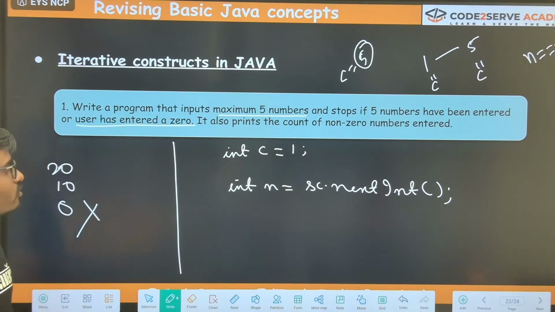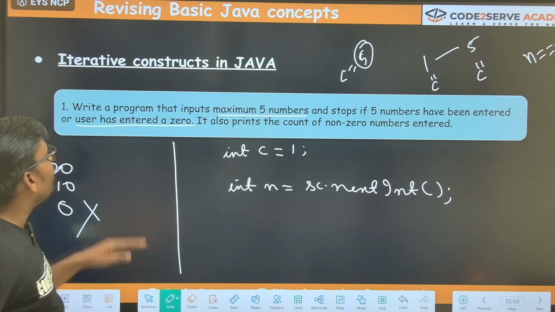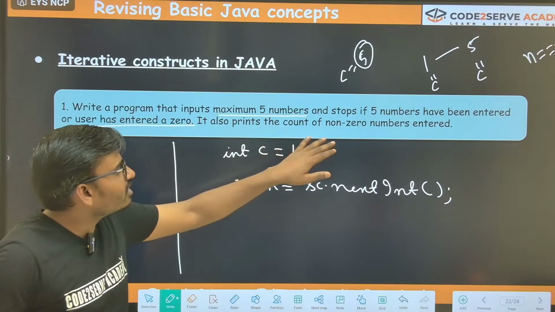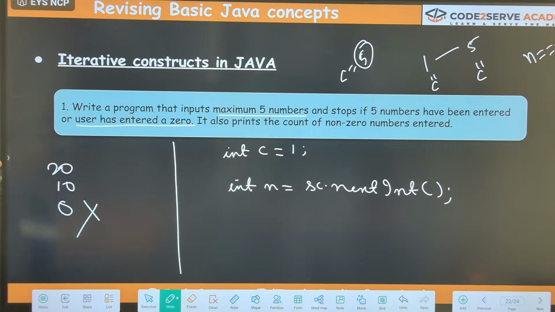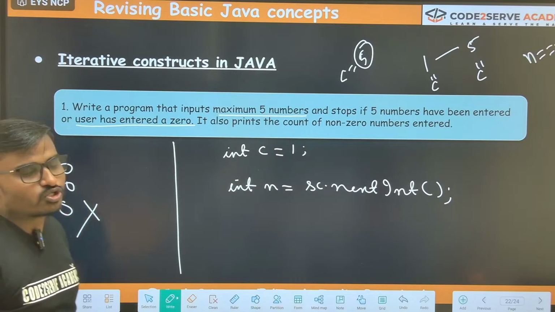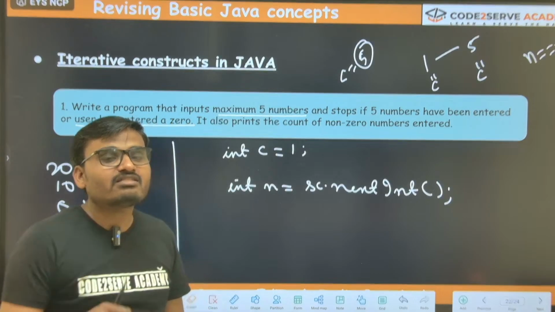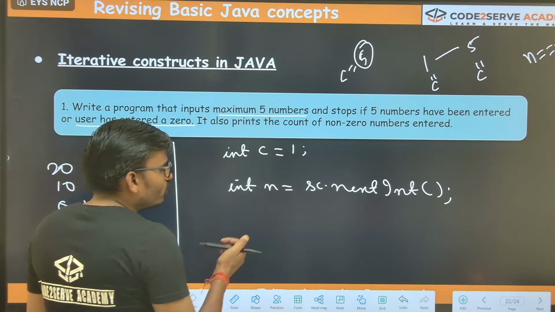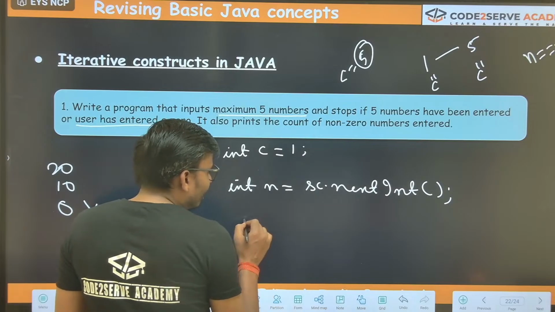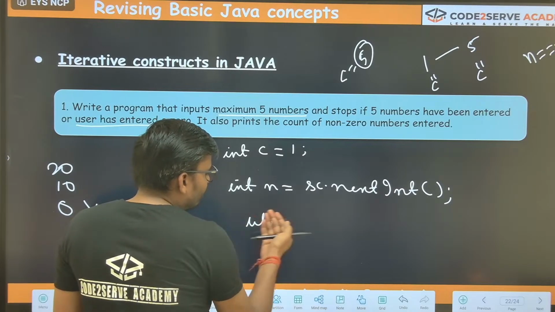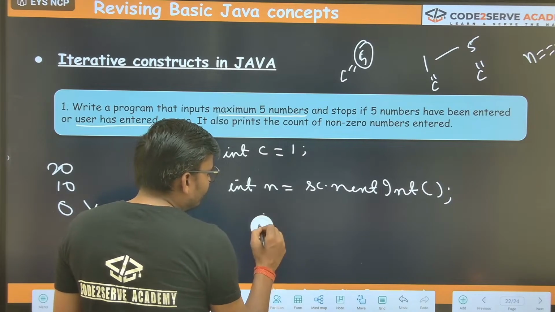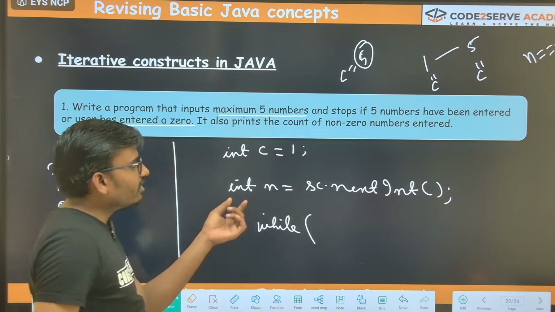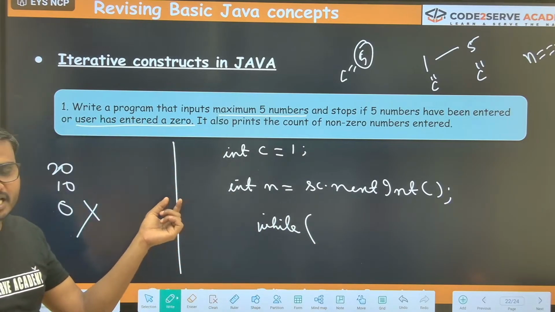All right, so you also have to write a program that inputs a maximum of 5 numbers, stops at zero, and prints the count of non-zero numbers. So you have to print how many non-zero numbers were entered by the user. Now, if you write the while loop over here, you have already taken one input.